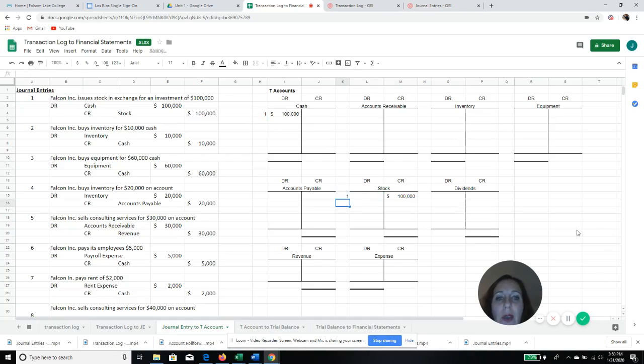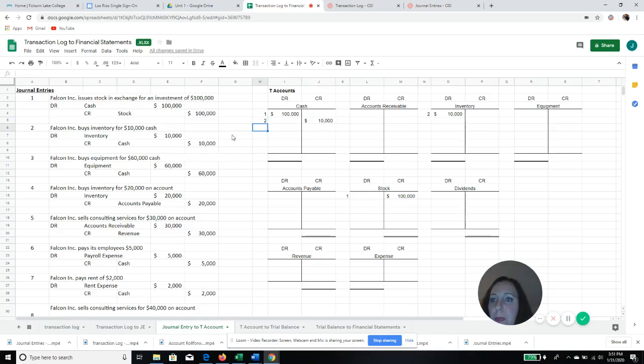Okay, so now we've entered transaction 1. Transaction 2, we debited inventory for 10,000. So I'm going to put transaction 2 and then enter 10,000 on the debit side. We credited cash for 10,000.